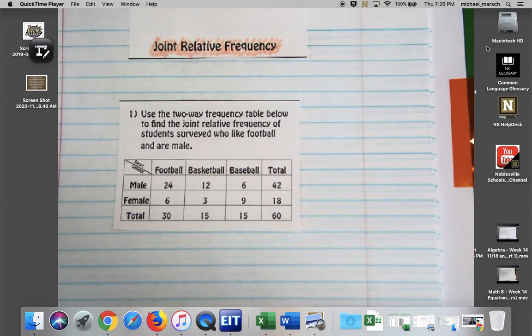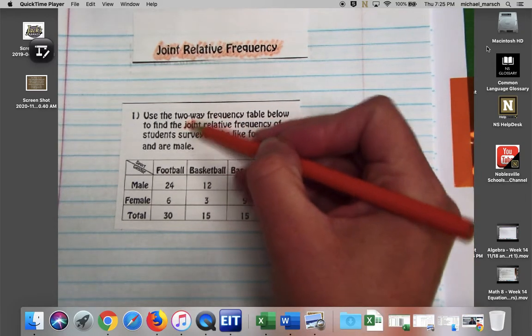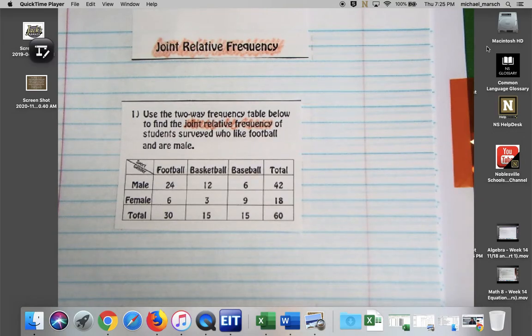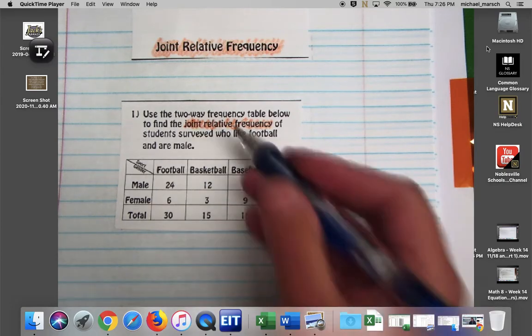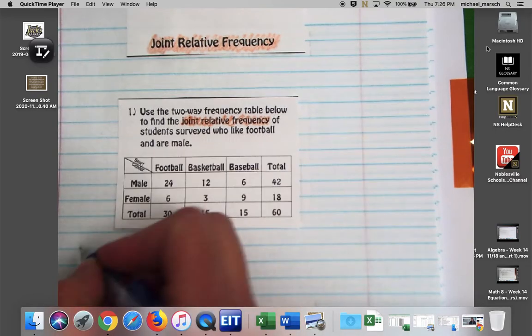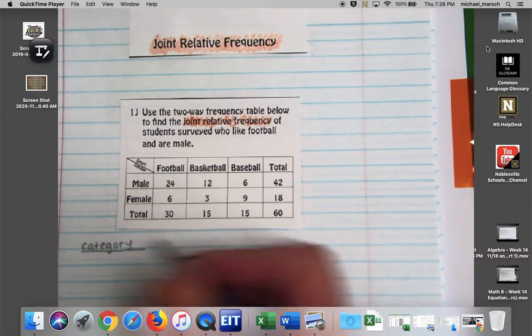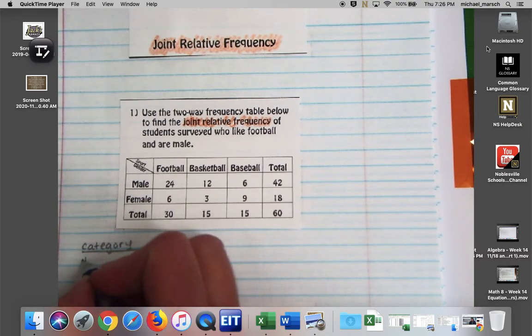So our question says, use the two-way frequency table below to find the joint relative frequency of students surveyed who like football and are male. Okay, so we're going to use our amazing organizational skills. So to find joint relative frequency, we're going to find the ratio of the category compared to the total number of people surveyed.